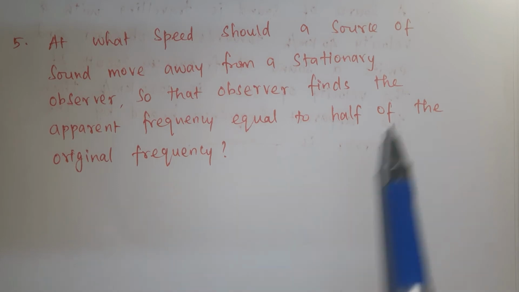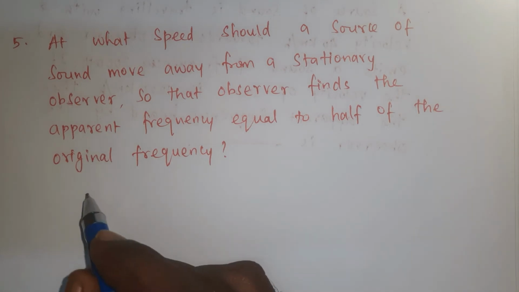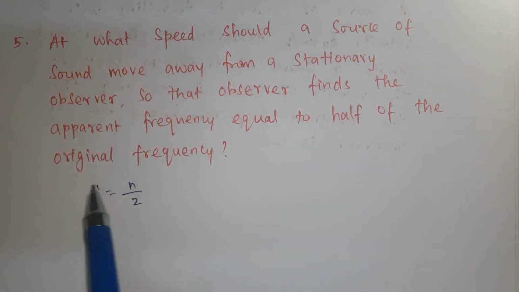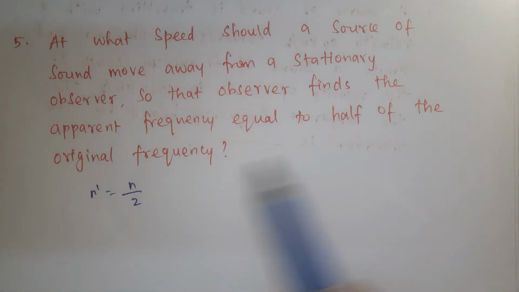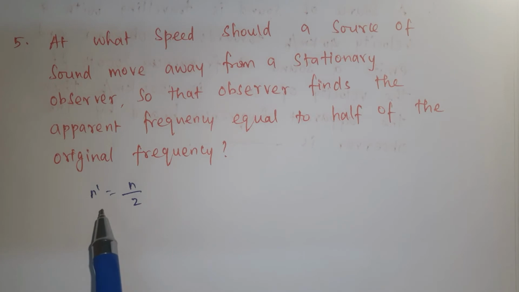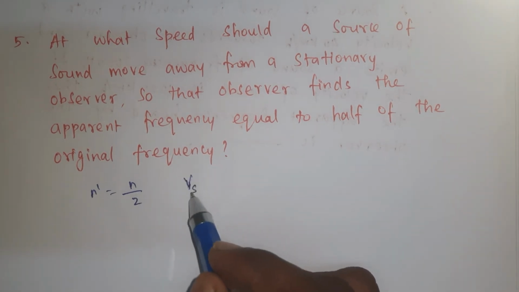So in this problem there is no numerical data, so n dash is equal to n by 2, and the apparent frequency is equal to half of the original frequency. To achieve this condition, what is the speed of the source?